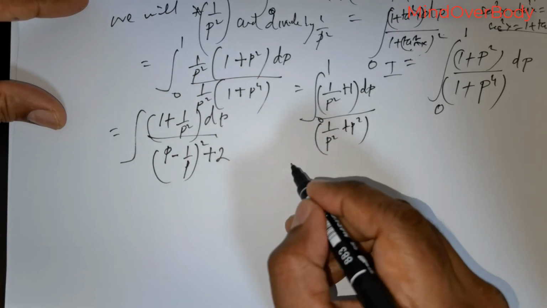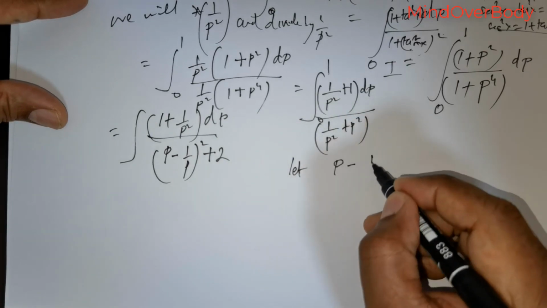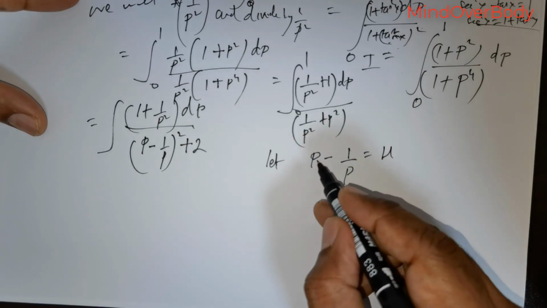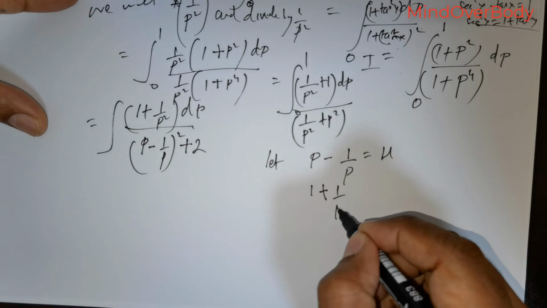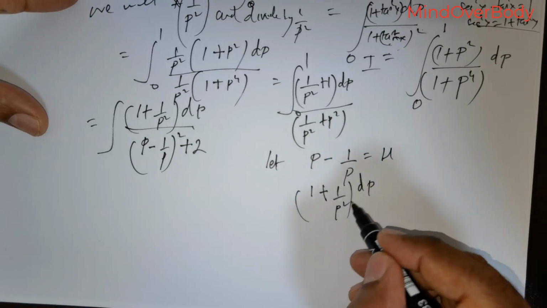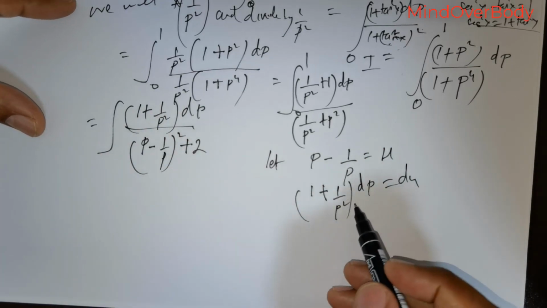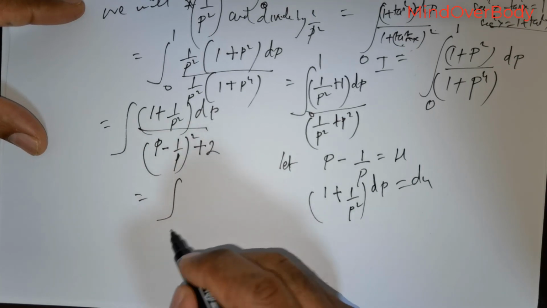So I would like to make the substitution. What substitution? Let p minus 1 over p be equal to u. If I differentiate this, I get 1 plus 1 over p squared, and this entire thing has to be multiplied by dp. So this is equal to du. So clearly you can see that we have obtained the numerator. I'm not going to place in the limits as of now.